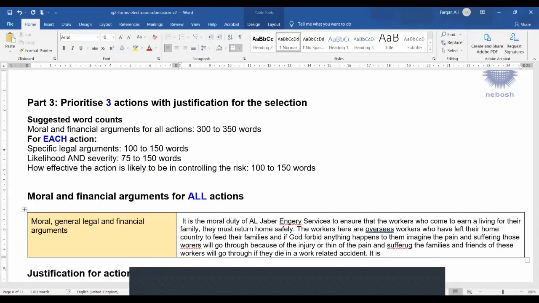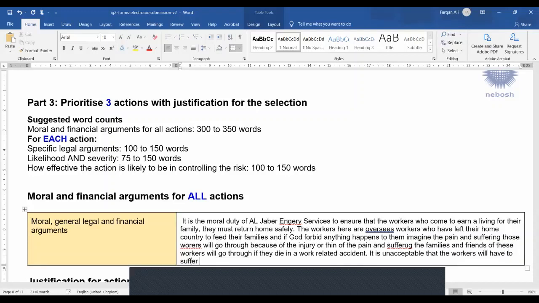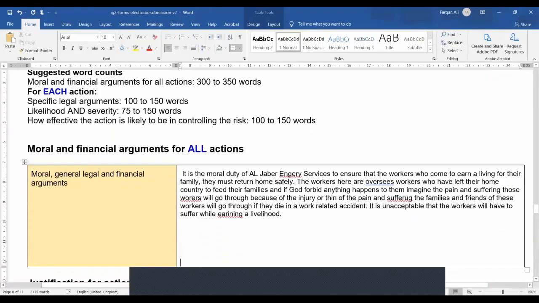It is immoral, it is unacceptable that the workers will have to suffer while earning a livelihood. Or you can mention any other kind of moral discussions.